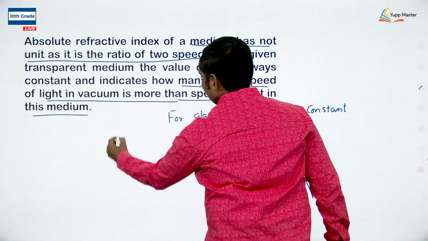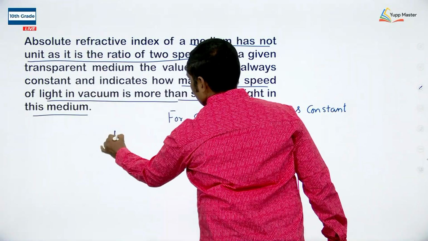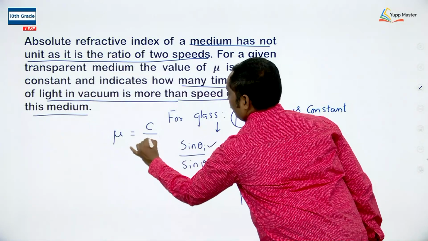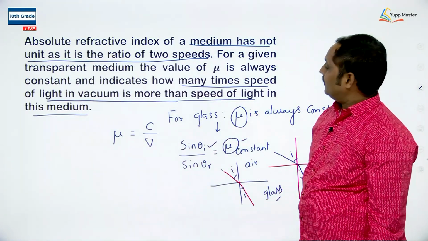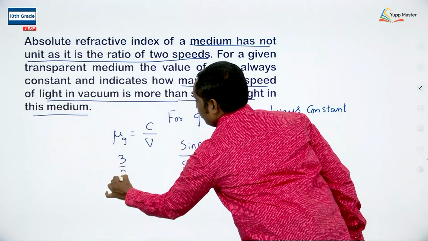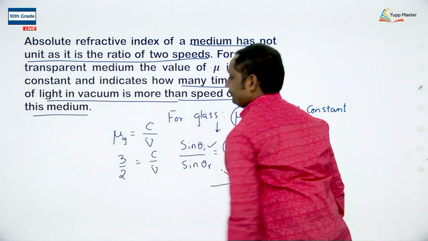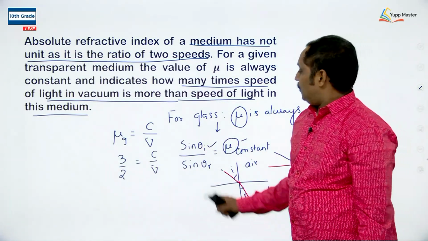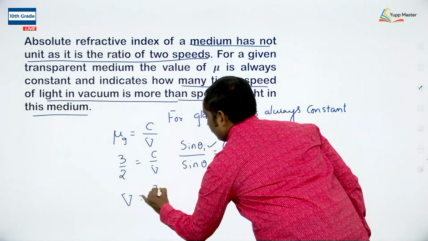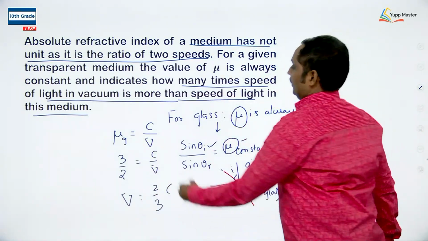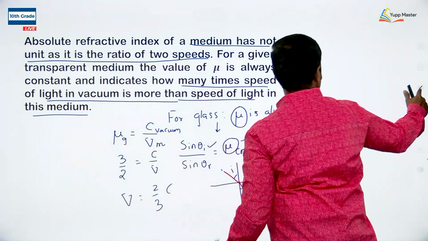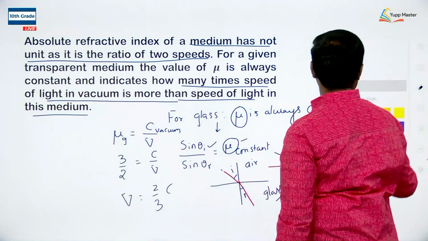So, if you are going to take that, mu is equal to C by V. If you are going to take that for a glass material, mu G is equal to 3 by 2. 3 by 2 is equal to C by V. Here C is in vacuum, and V is in the medium, that is nothing but glass.